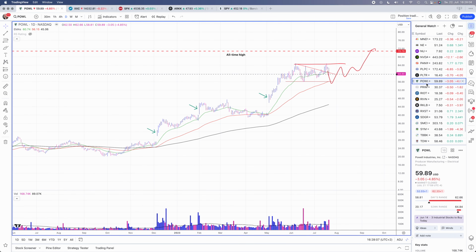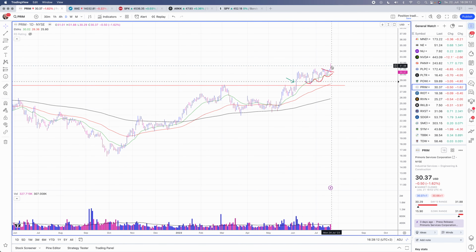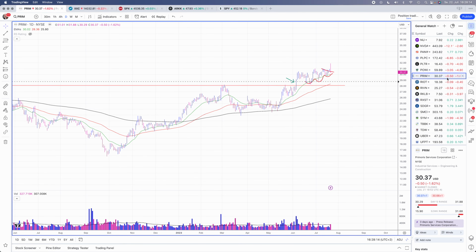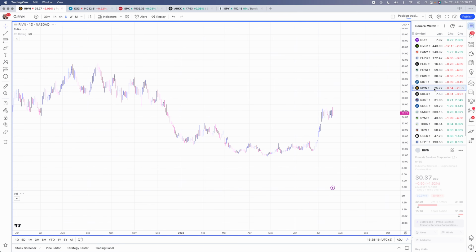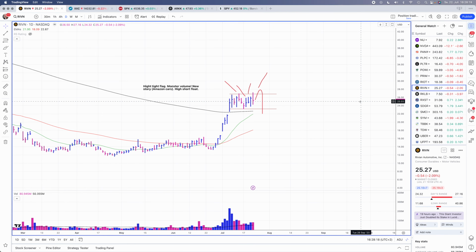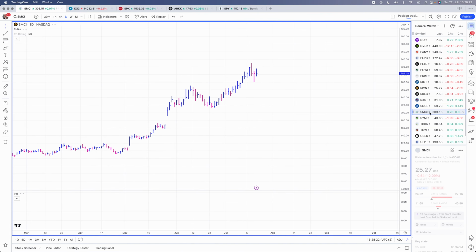Hidden champions we track in the community like Powell or Prim had problems following through. We saw that story stocks like Rivian were not able to follow through on the upside.